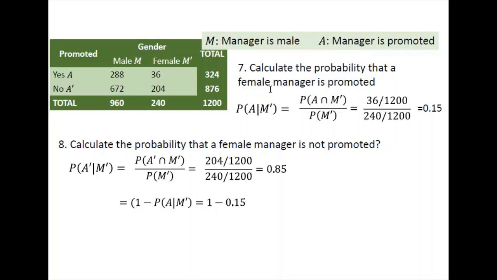It means we know that the manager is female, so we want to calculate the probability of the promotion. So it's the probability of getting promotion given that the manager is female. So M is male, so M prime, the complement of male, is female.